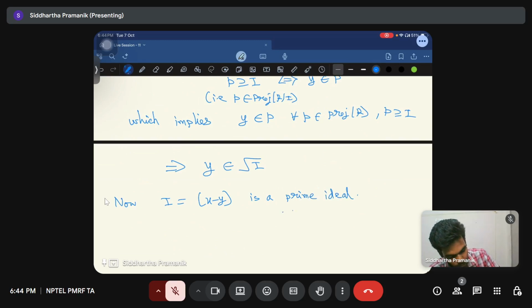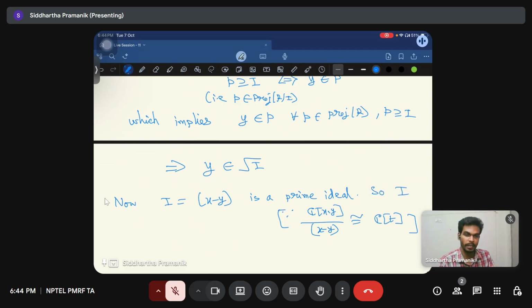Because if you go modulo this ideal, this can be identified with the polynomial ring in one variable, and it is a domain. So this ideal has to be a prime ideal. Since it is a prime ideal, it has to be a radical.